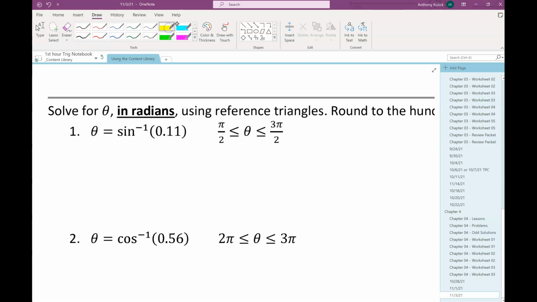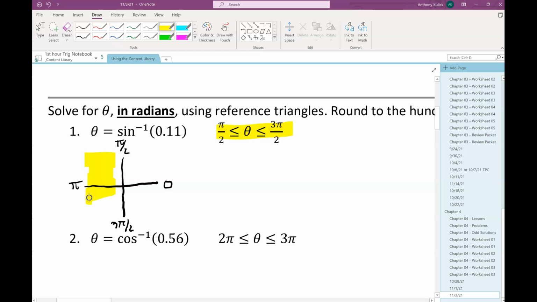So the first thing I'm going to observe is that theta is positive, right? It's in between two positive numbers. So I'm going to draw my picture, starting 0, pi over 2, pi, 3 pi over 2.